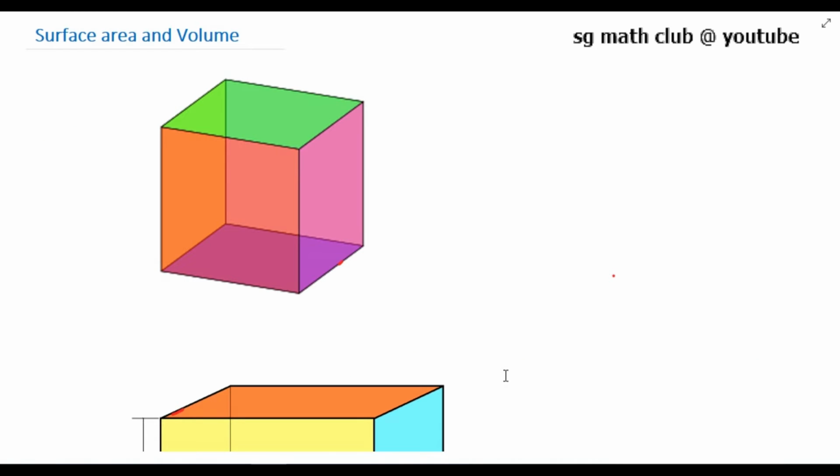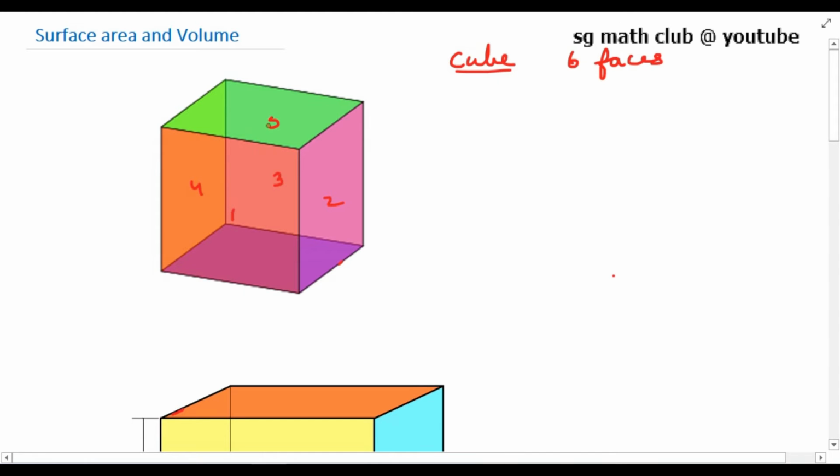Before doing the problems, you should know all the formulas related to these solids. The first solid is the cube. We know all the faces of a cube are squares, and the cube has 6 faces: 1, 2, 3, 4, 5, and the other at the bottom, 6 faces.